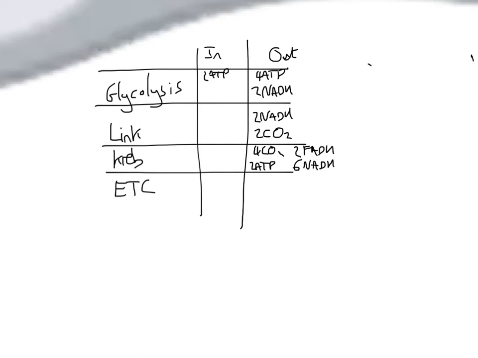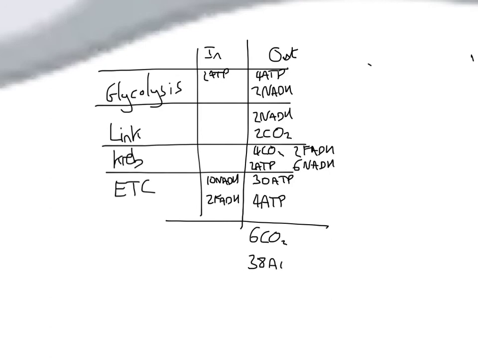And this is where it's important to consider what's going in again, because in the ETC going in we have 10 NADH and 2 FADH. With our 10 NADH, that gives us 30 ATP, and with our 2 FADH, that gives us 4 ATP. So if we were to just do a quick total of everything, we'd have 6 CO2 being produced and 38 ATP.